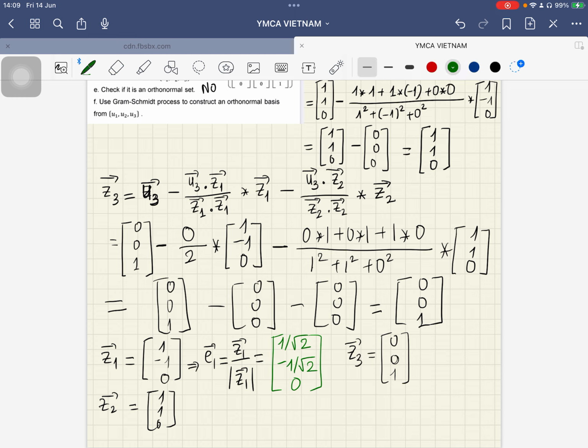What is the length of Z2? The length of Z2 is equal to square root of 2 also. And the length of Z3 is equal to 1. So we have E2 is equal to 1 divided by square root of 2, 1 divided by square root of 2, and 0. And E3 is equal to 0, 0, 1.